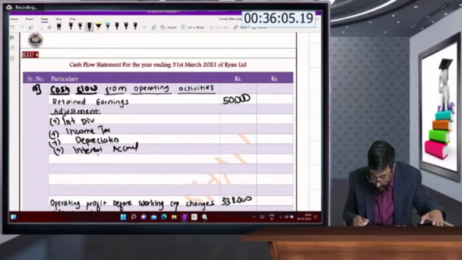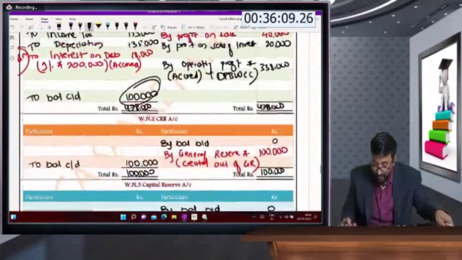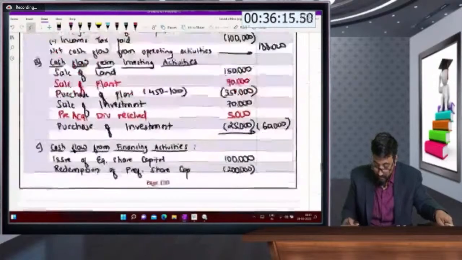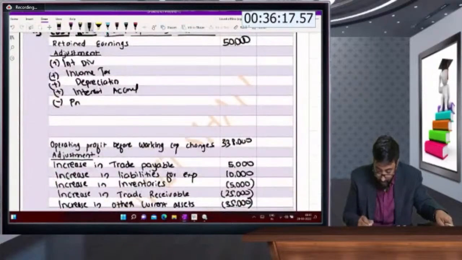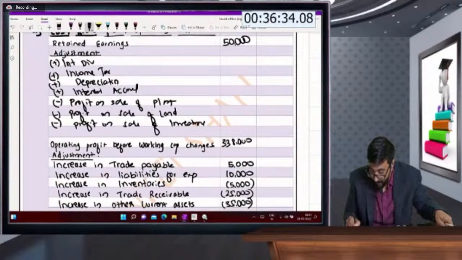I don't know whether I say consider interest accrued or not, but this is a hidden adjustment. Otherwise, I will rectify it in the next study material. I will suggest it to rectify. Minus profit on sale of plant, less profit on sale of land. Credit side will be deducted, and profit on sale of investment.